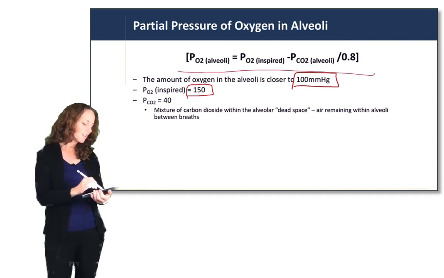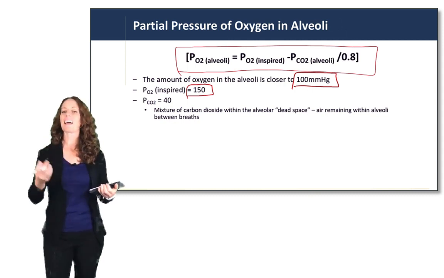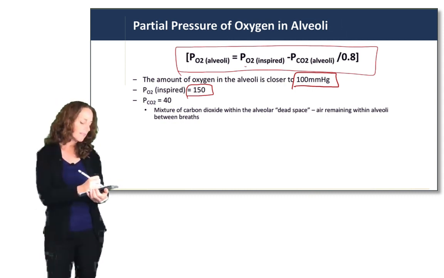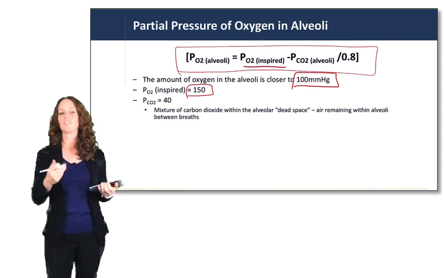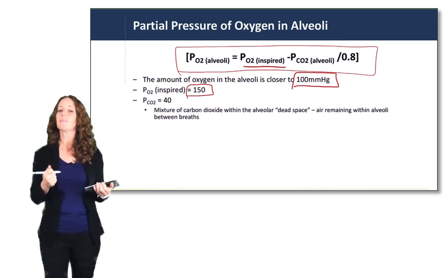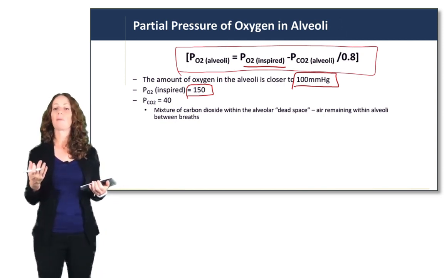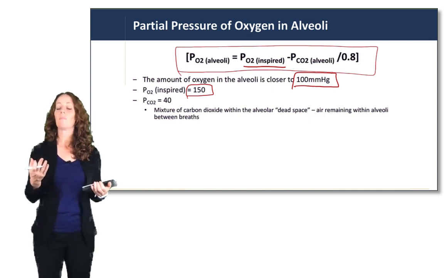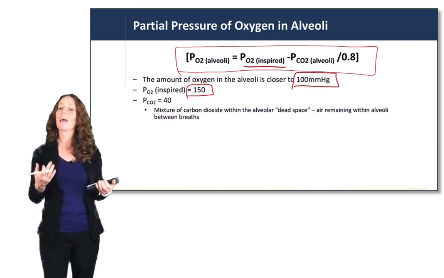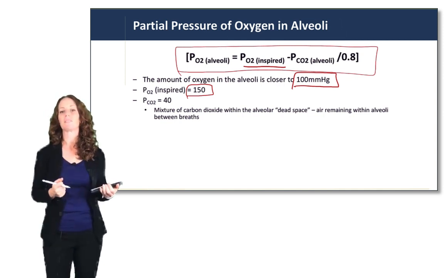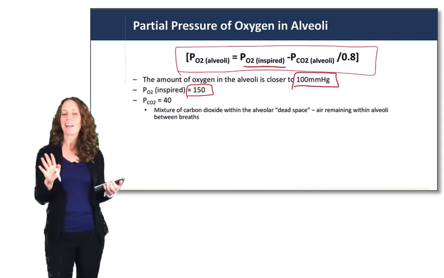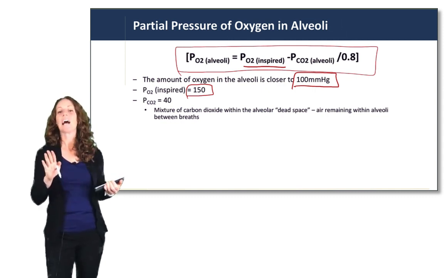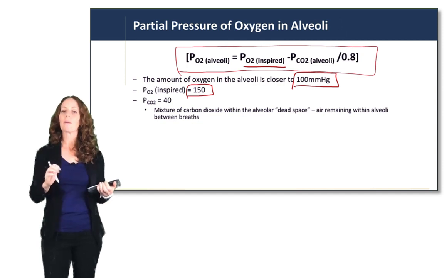There's a gas equation here to calculate that specific number, where we take the inspired oxygen in the air, which was 150, and subtract the carbon dioxide divided by 0.8. And that gives us 100 millimeters of mercury. Don't worry, I'm not going to ask you to calculate it. I just want you to see where these numbers are coming from.